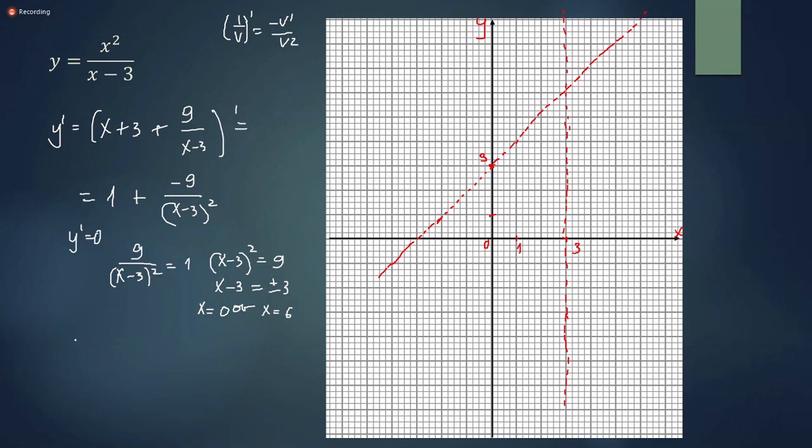And so you would have 0, 6, but one thing that people tend to forget, 3. We have a vertical asymptote. We have an interruption in this graph.